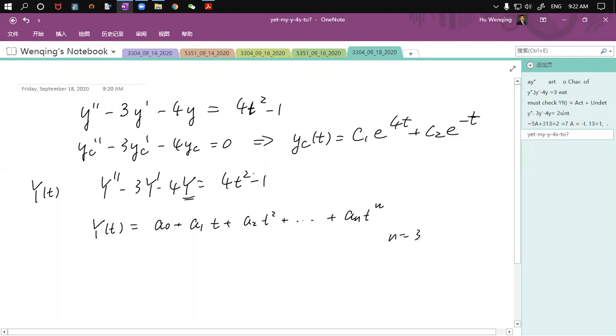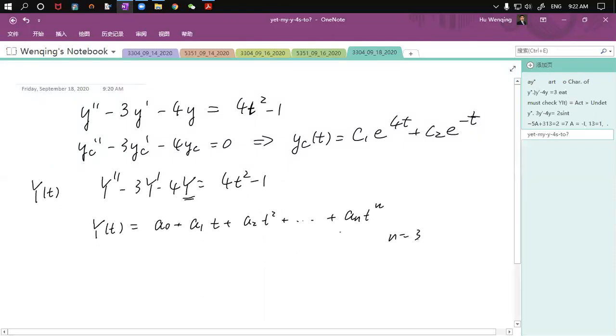Polynomials have a hierarchical structure: if you take a derivative of a higher order polynomial, it shrinks by just one order. And if the right-hand side is a polynomial, then the left-hand side must inherit the degree of this polynomial.